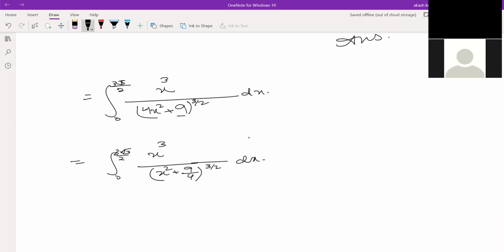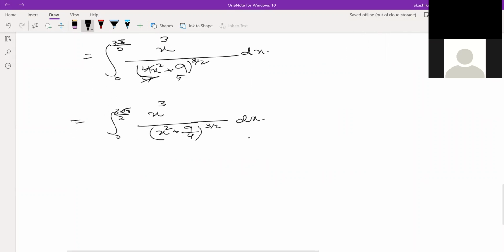Dividing both sides by 4, the 4 cancels out and it becomes 9 by 4. Then 0 to 3 square root 3 by 2, x cubed, and it becomes x squared plus 3 by 2 square.